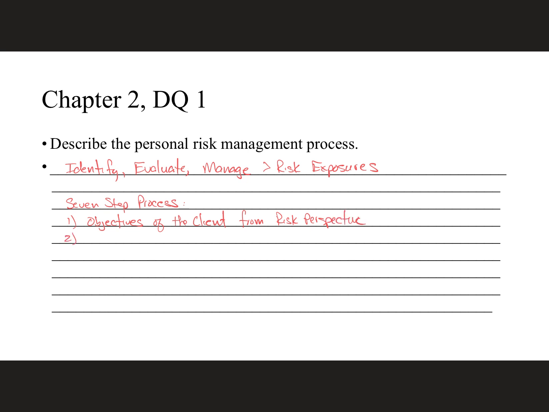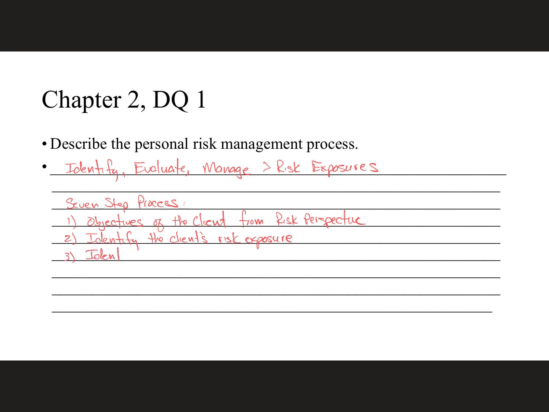All right, number 2, we want to identify the client's risk exposure. Okay, what are they exposed to? What are some things that they may have in their life? Next, we want to evaluate the identified risks for the probability of occurrence.